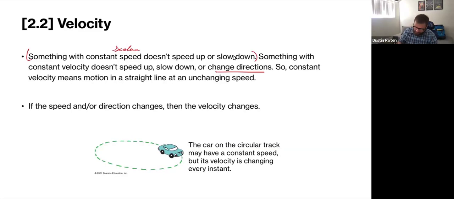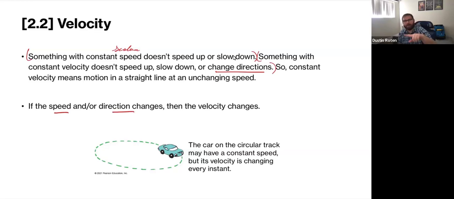So we have this other piece here when we're talking about velocities. Essentially a constant velocity means the same speed in a straight line, same direction forever. That's a constant velocity. If the speed changes or the direction changes, then the velocity changes.